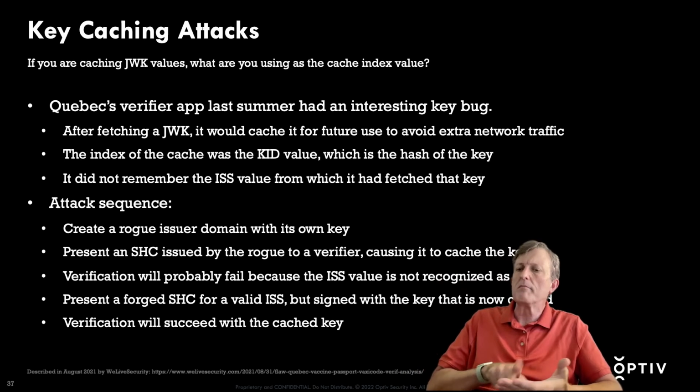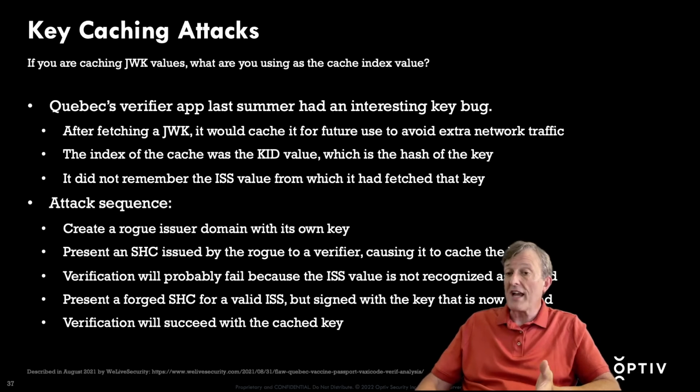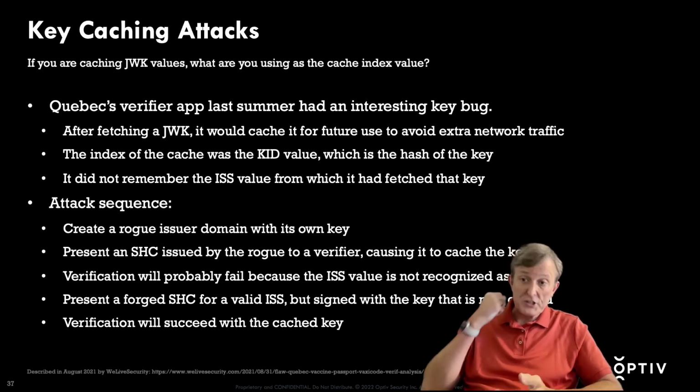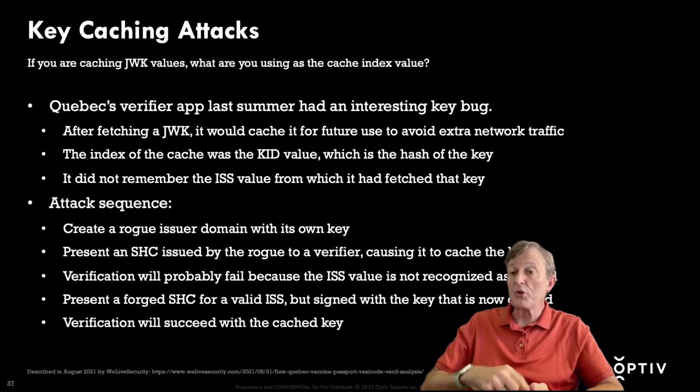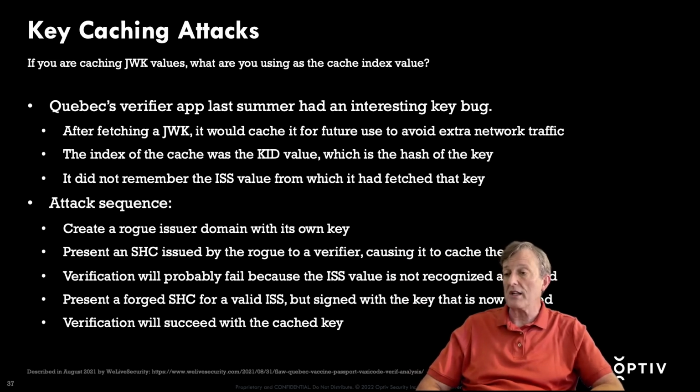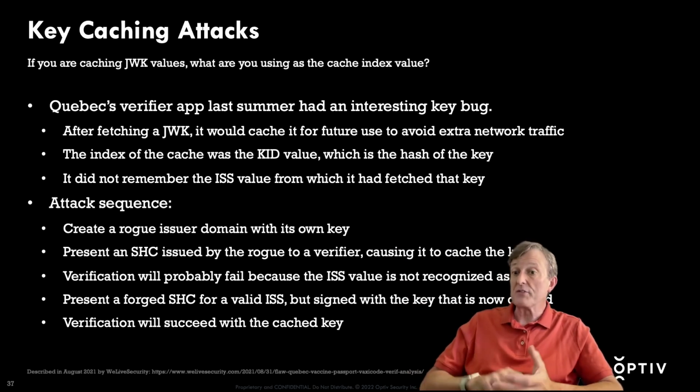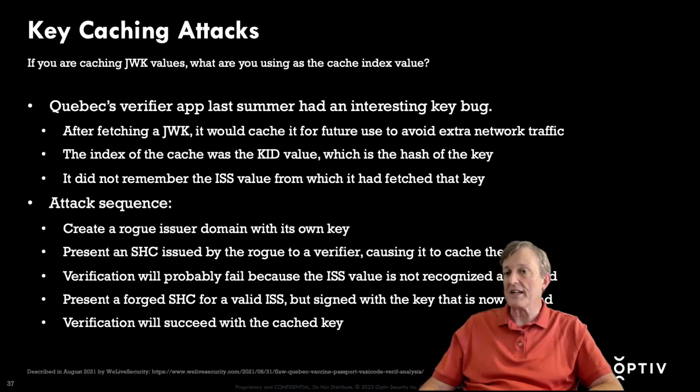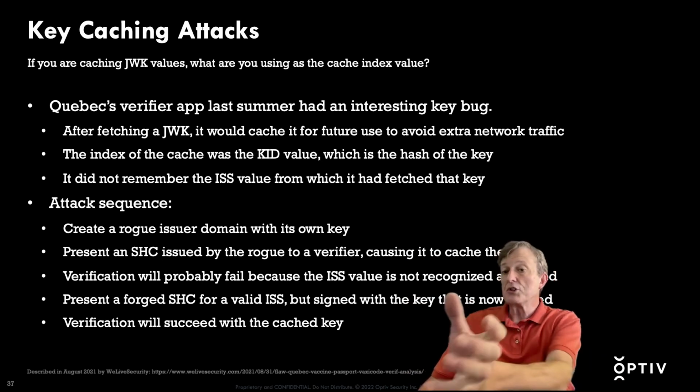That was the one my hospital issued, and then they told me to re-download it. And you load a second smart health card that has the correct issuer, but was actually created using your rogue key that has the correct key ID, and show them that.